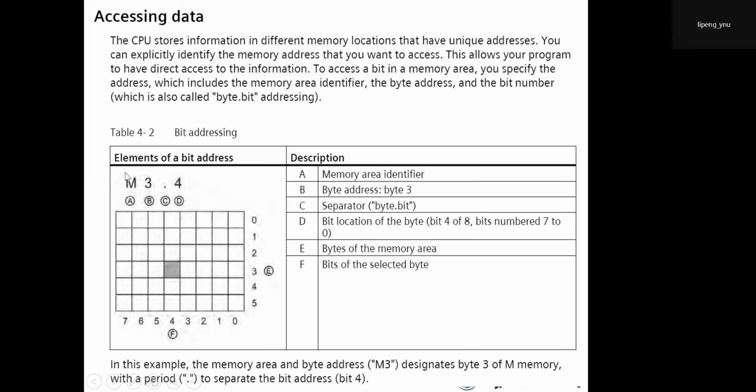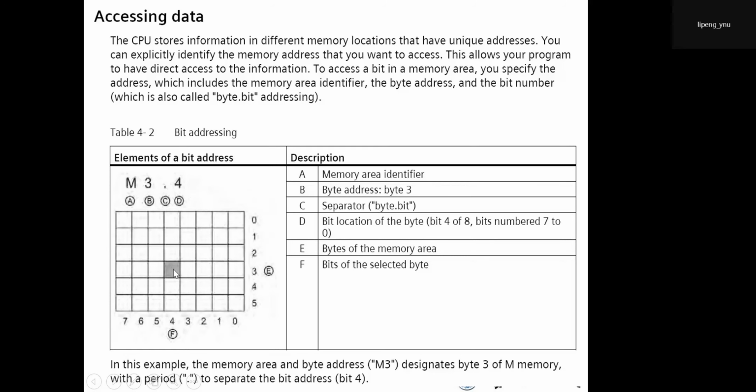This means the variable is in the AM area. AM is the memory area. 3 is the address of a byte. The byte address is 3. And 4 is the bit address. It's a bit address.